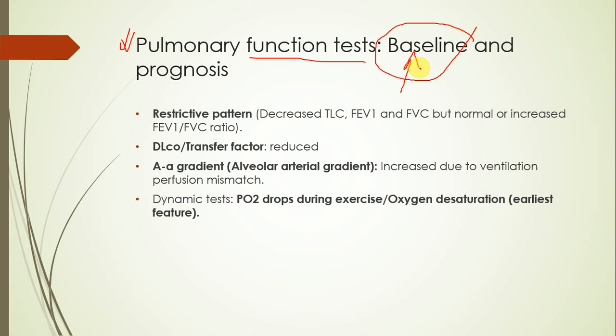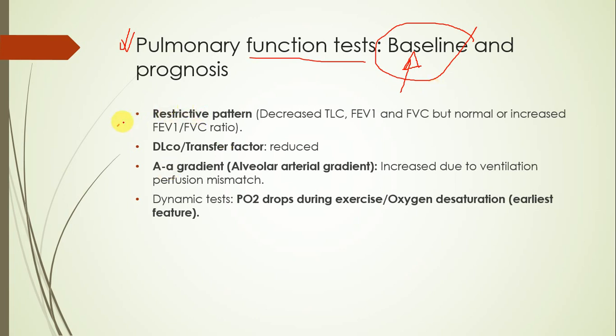Because we want to tell the patient about the prognosis, because whenever someone has a deterioration of lung function within a very short time, then his or her prognosis would be worse than other patients. So we want to track the patient, see the progress, and tell the patient about it.